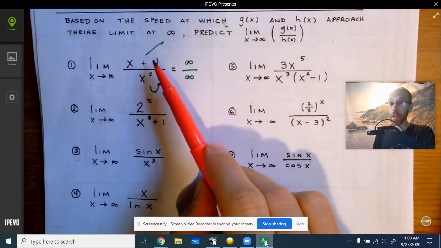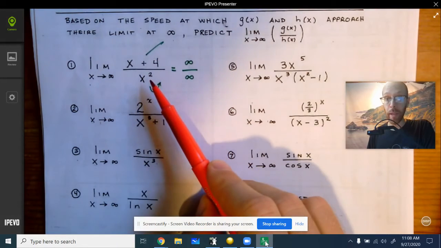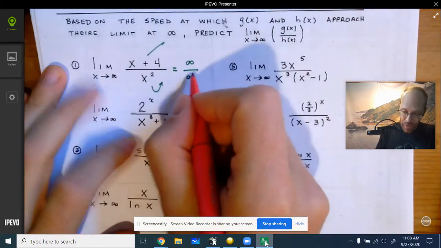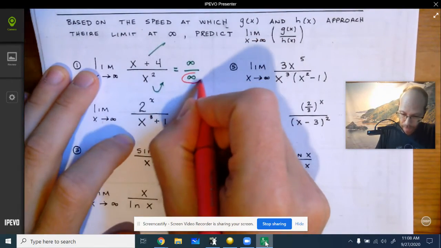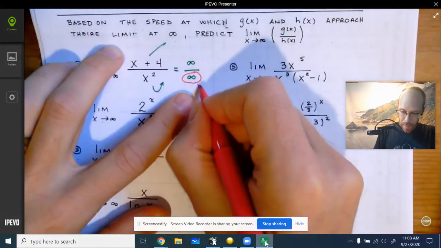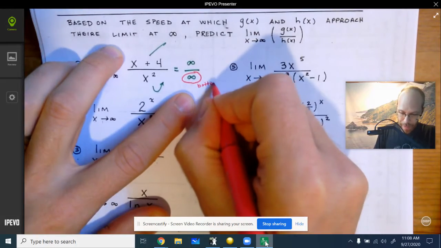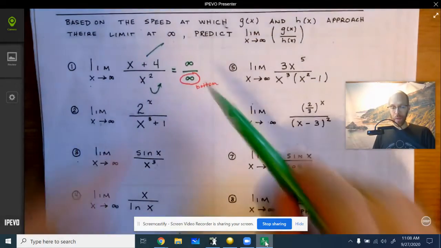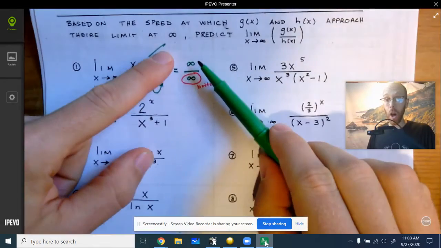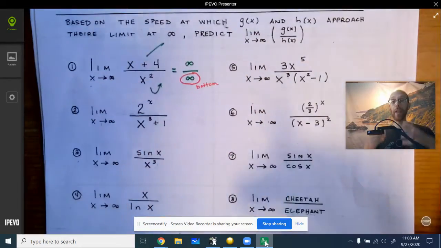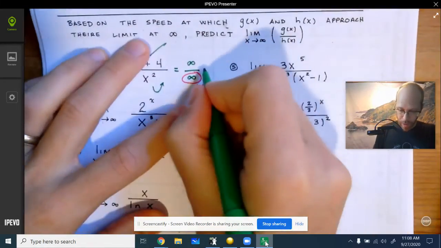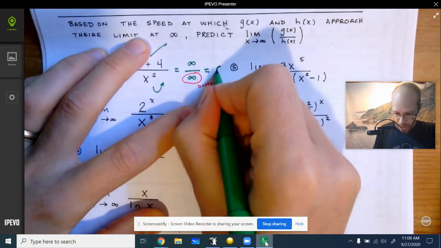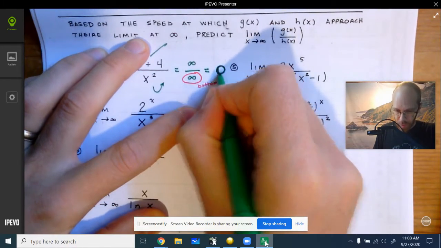The numerator, which is linear, or the denominator, which is quadratic? Answer, the denominator. So if the bottom is getting to infinity faster, then you are taking something that is relatively small, dividing it by something that is big, and what you are left with is something that is approaching 0.